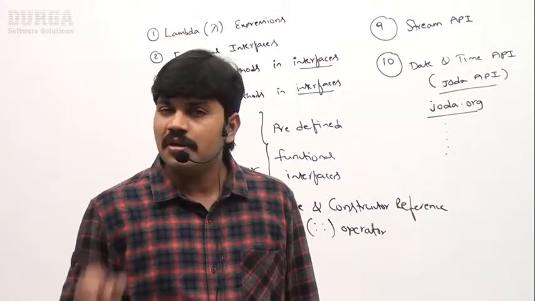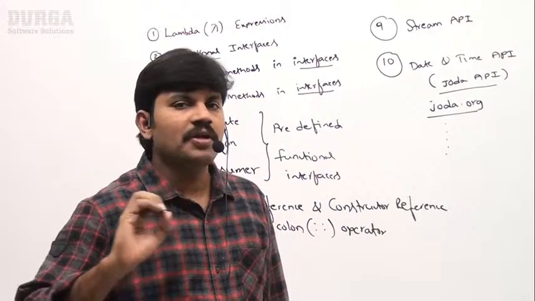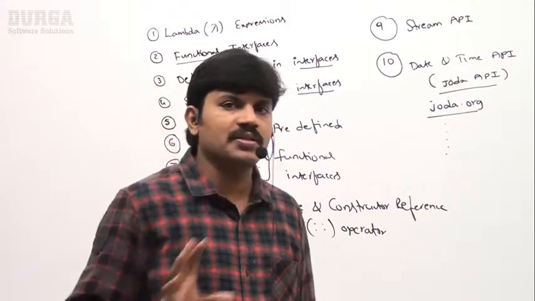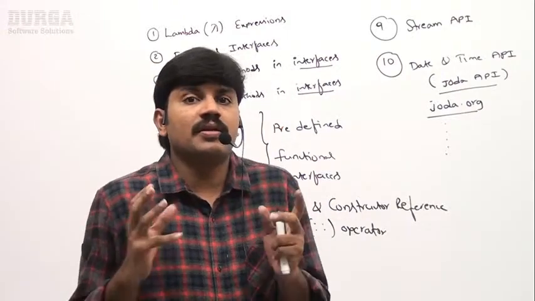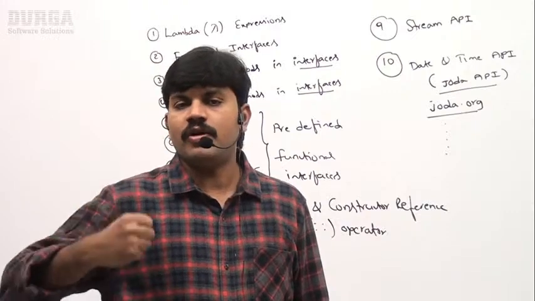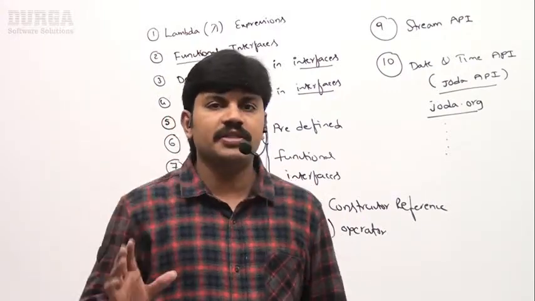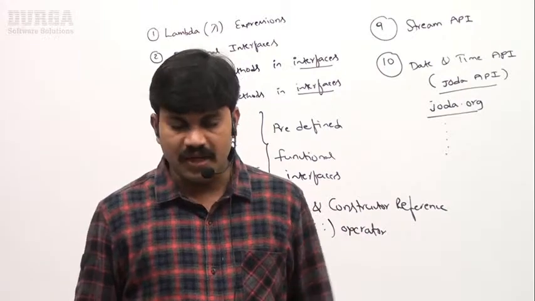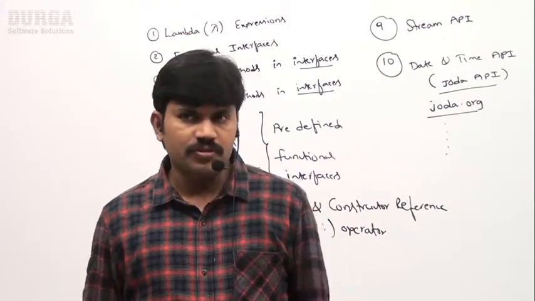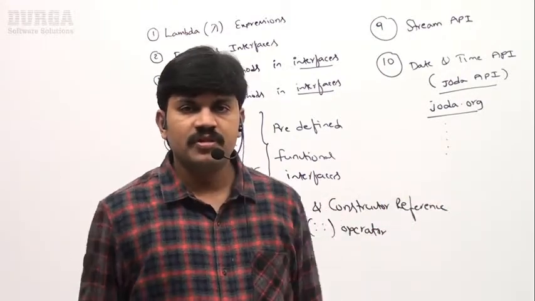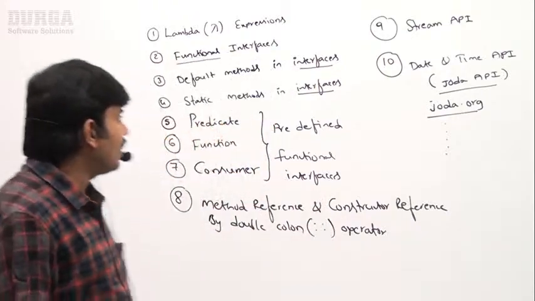That's why in Java 1.8 the focus is on only three things. Remember that. Why did this Java 1.8 version come into the picture? What was their main intention when compared with the last releases? Java 1.0 is the original version, 1.1 a minor version.